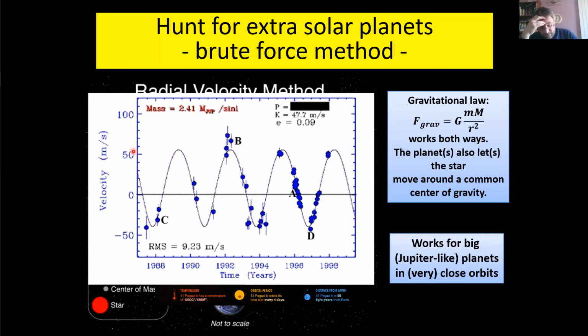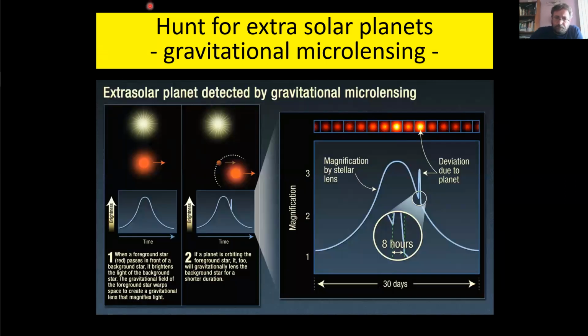But nevertheless, this is the brute force method. You see here the mass is 2.41 Jupiter masses. That is the method of looking at the spectral line and its shift and seeing whether it's periodic over time.